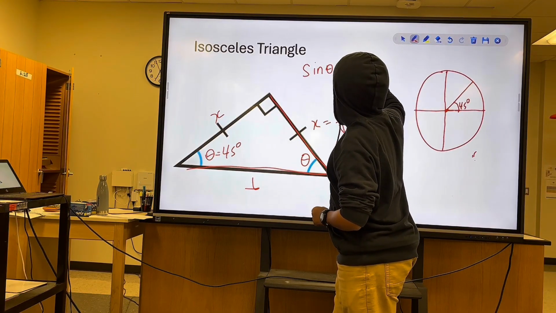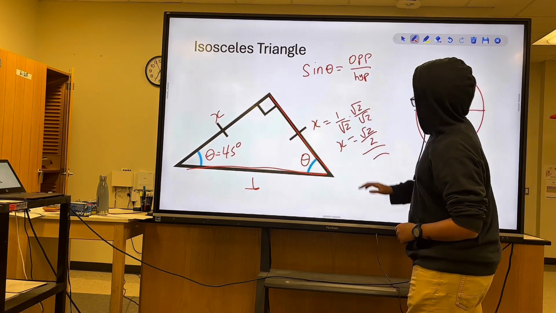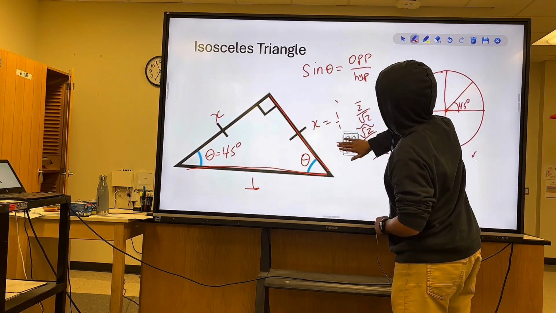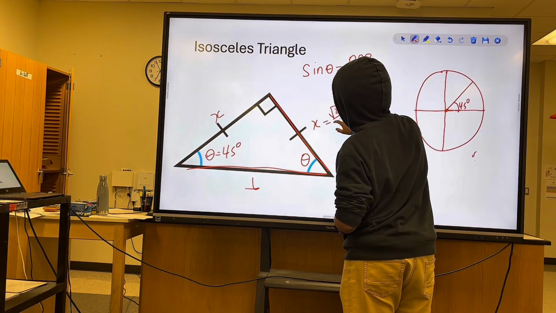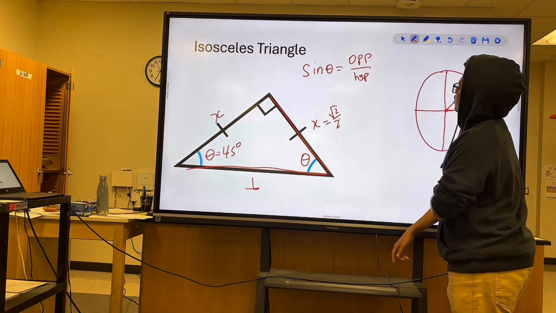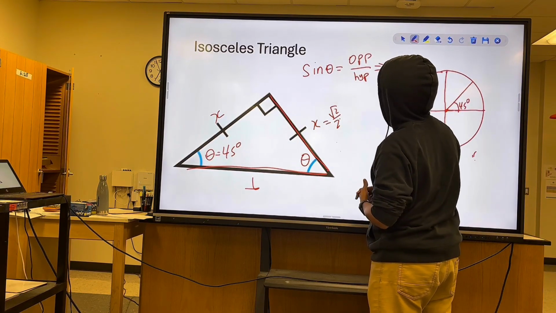So we have the opposite over the hypotenuse. I'm going to clean this up real quick. We know the side length is square root 2 over 2.